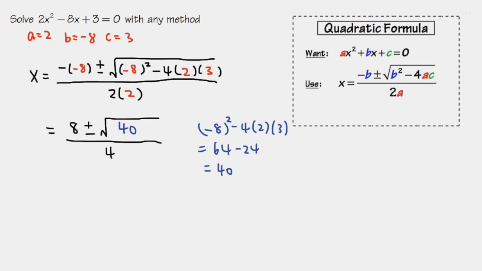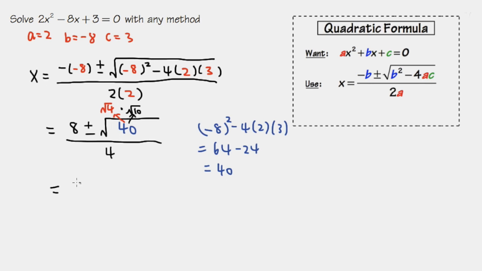But then we see that the square root of 40, we can break it down, right? Therefore, we have to think about a perfect square that goes into 40, and we know that 4 times 10 will give us 40. So that means the square root of 40 is the same as the square root of 4 times the square root of 10, right? Square root of 4 times square root of 10 will give us the square root of 40. So we'll continue.